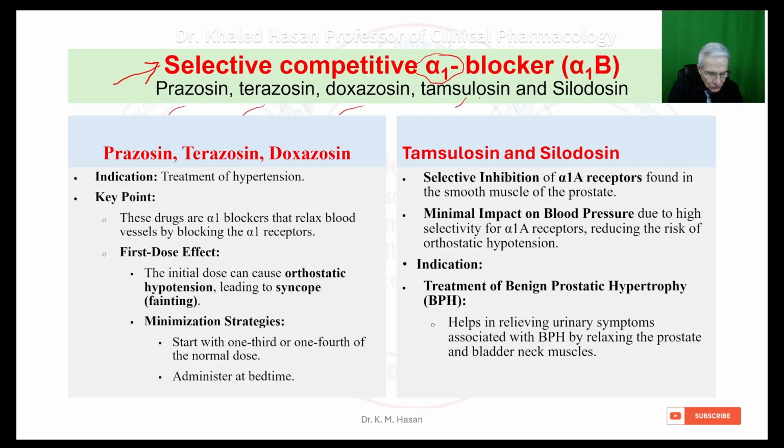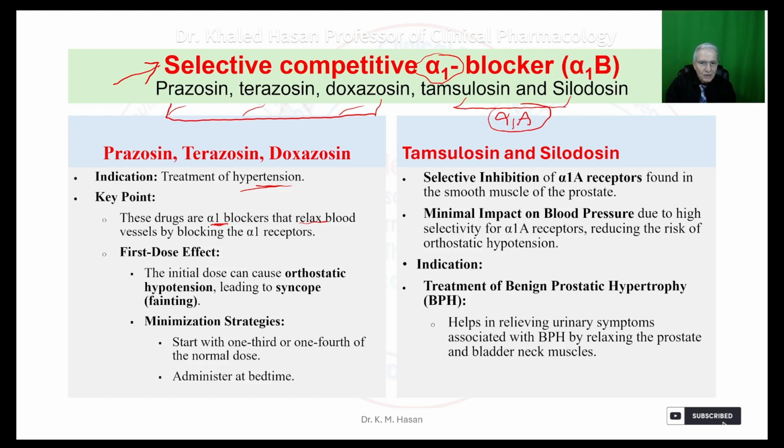We have tamsulosin and Silodosin, which are considered alpha-1A blockers. The first three, Prazosin, terazosin, and doxazosin, are indicated for the treatment of hypertension. These medications block the alpha-1 receptor, leading to relaxing of blood vessels and decreasing blood pressure.